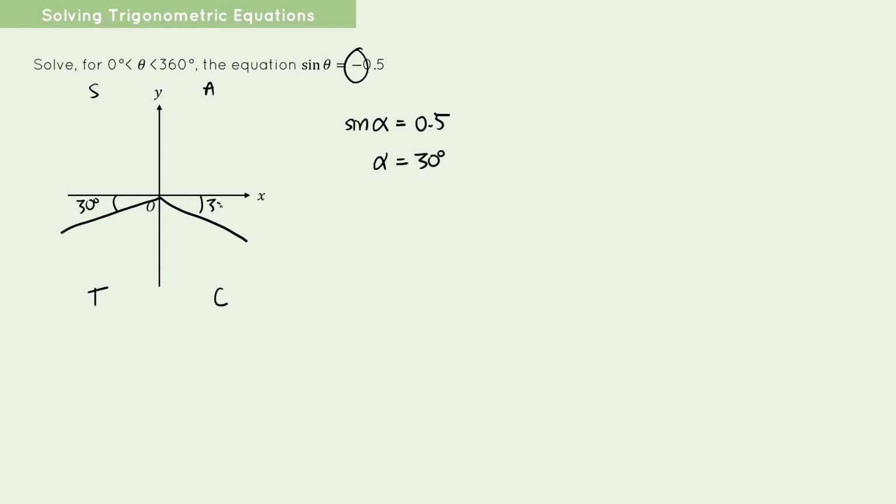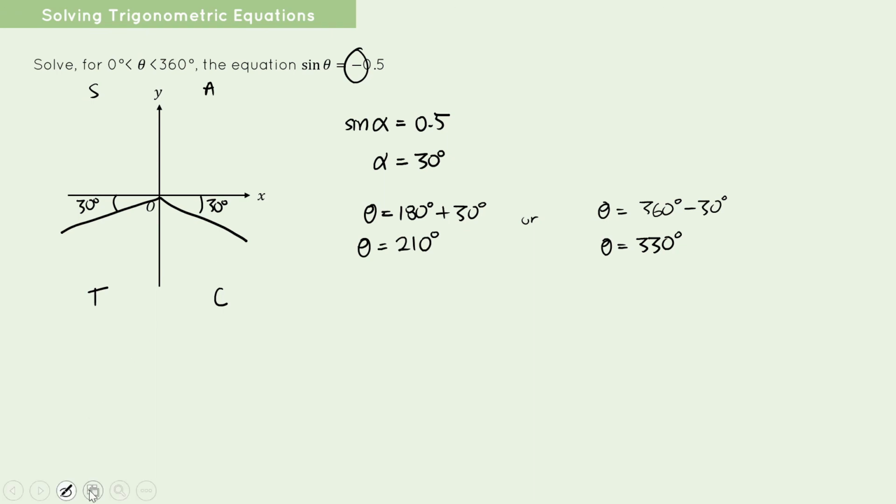If we want to find the values of theta which fulfill this, theta will be 180 degrees plus 30 degrees, which equals 210 degrees, or theta equals 360 degrees minus 30 degrees, which will give you 330 degrees.